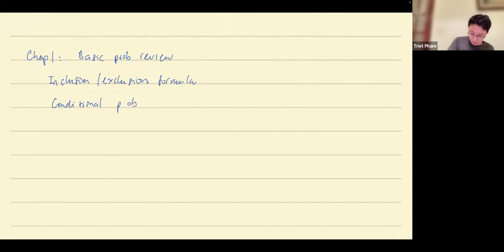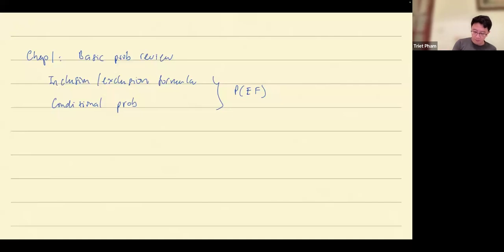As I mentioned, these are not the only reason why we study these tools, but they have to do with looking at the joint, the probability of the intersection. They provide us different ways to calculate the probability of the intersection. And we've looked at the inclusion-exclusion formula a lot for the Hertz problem, so I won't repeat that.